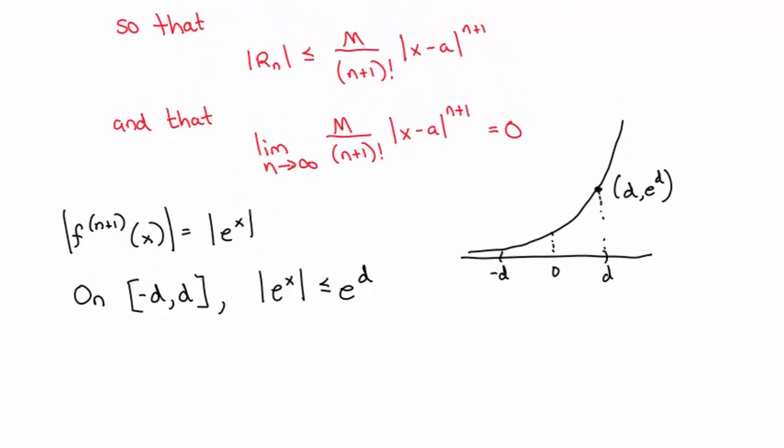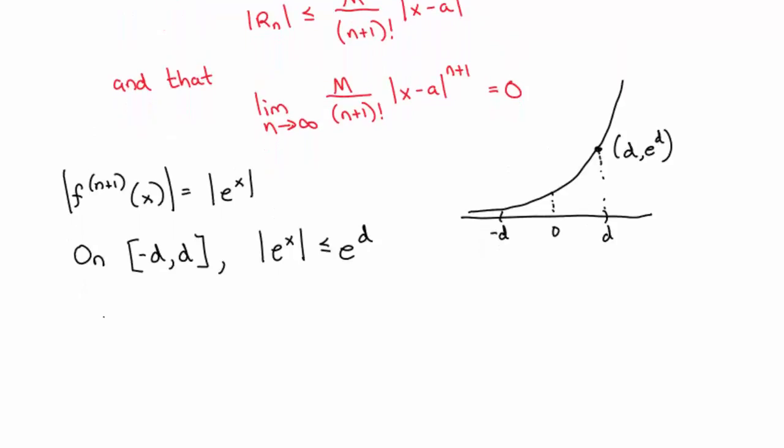What is the remainder? So I'll say hence. One thing I do want to say is that the absolute value of the remainder is greater than or equal to 0, because I'm going to use that in this argument.